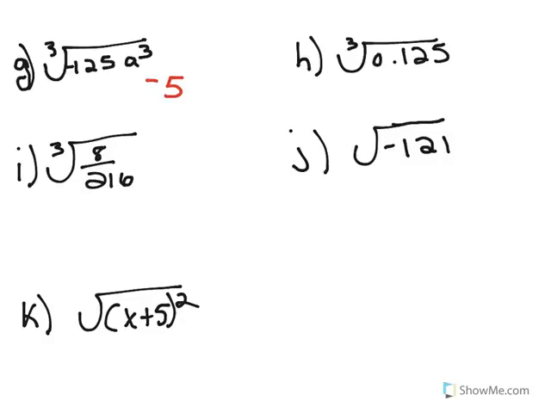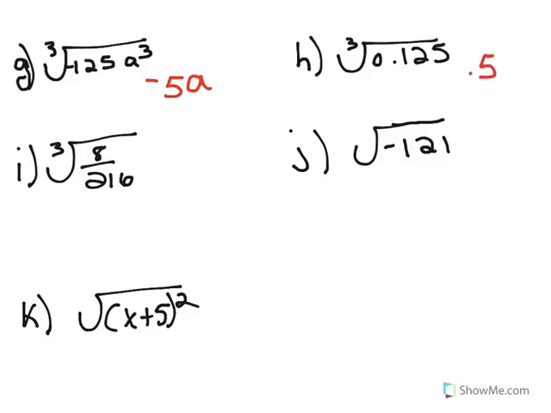Negative 5, and a to the third, that would just be a. Next, 0.125, so what times itself 3 times gives us that? It would be 0.5.